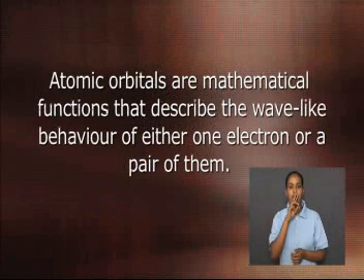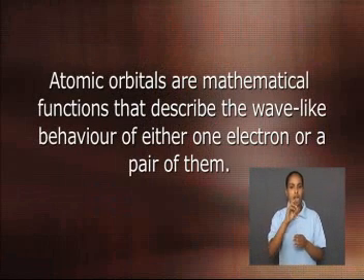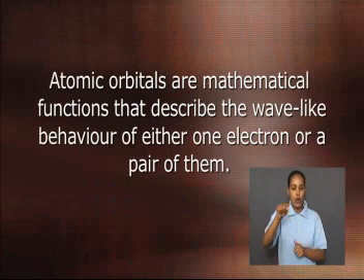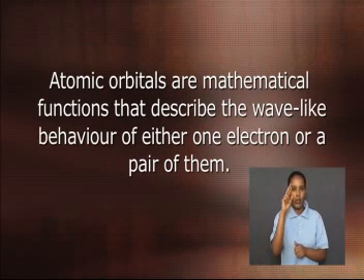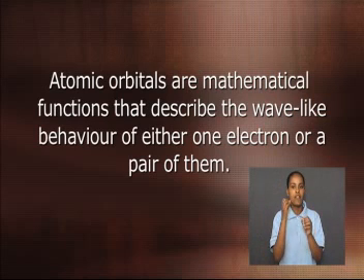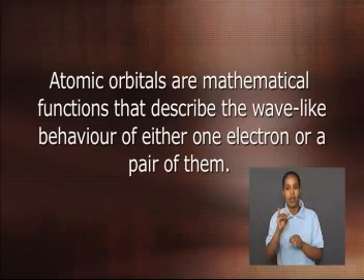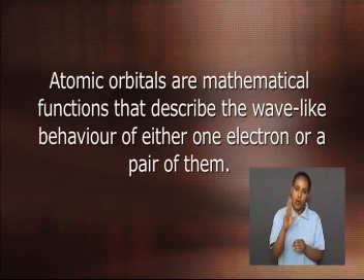There are never more than 2 electrons in an atomic orbital because an atomic orbital is a mathematical function that describes the wave-like behavior of either one or a pair of electrons.